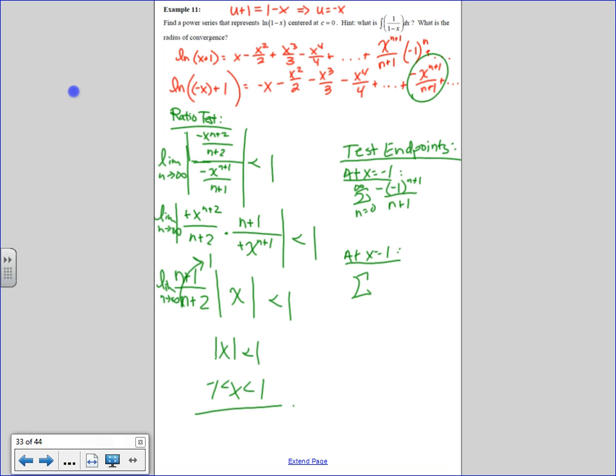At x equals positive 1, I'd have positive 1 to the n plus 1 all over n plus 1. Now what?